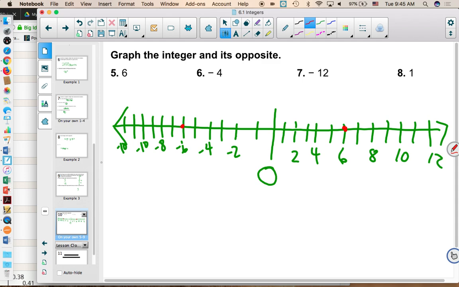Nice job. Pick somebody that has not been to the board. Quickly. You have to do -4, Roper, and its opposite. Come on, quickly, guys. The more we get done, the quicker you can get to your assignment. And its opposite, sir. All right. Pick somebody that's not been to the board.